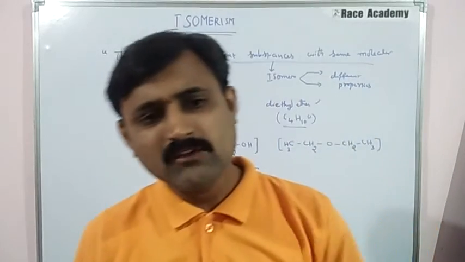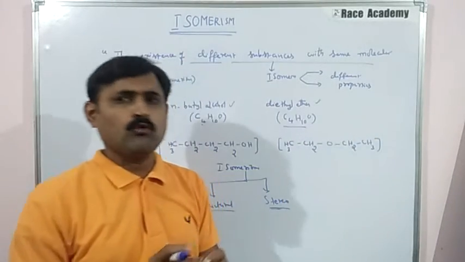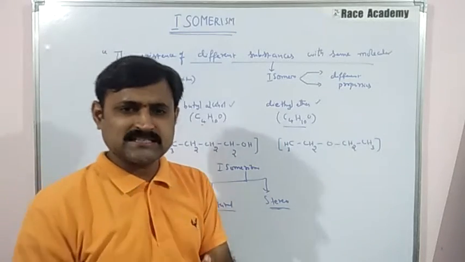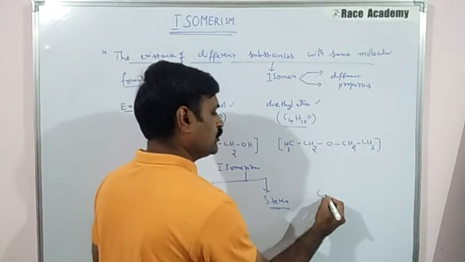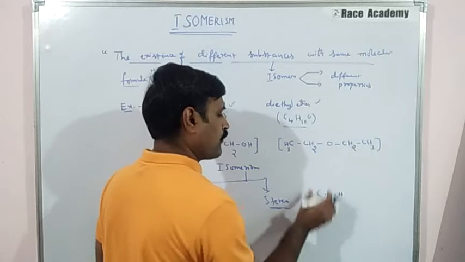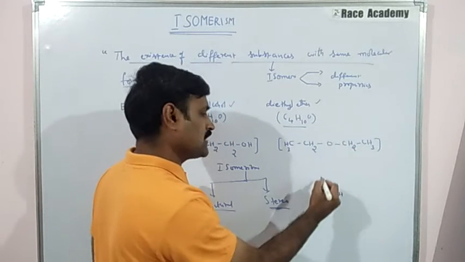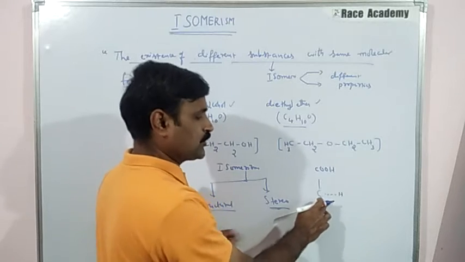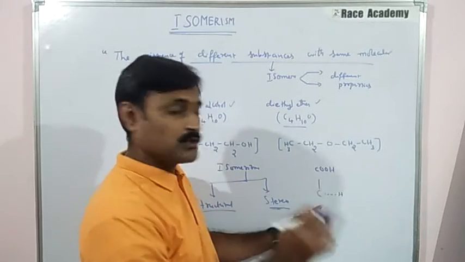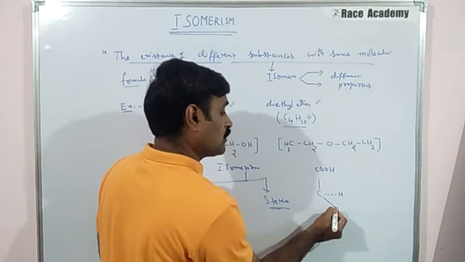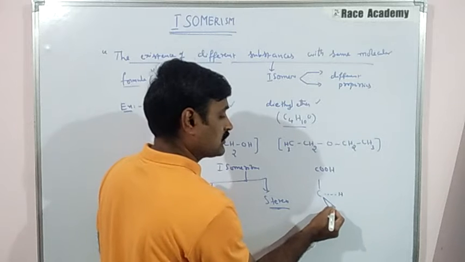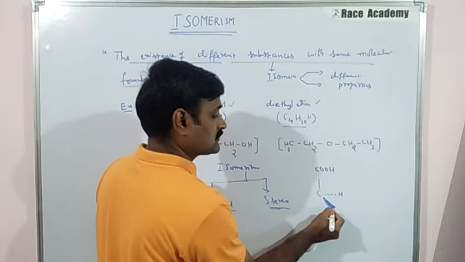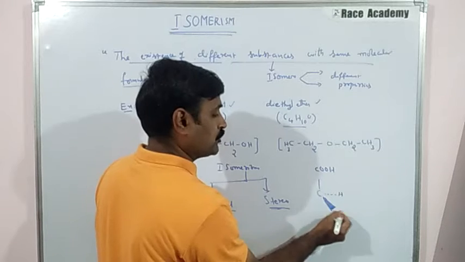For example, if you want a simple idea about this, I will give you a formula for lactic acid: carbon, hydrogen. I have given a dotted line, don't worry about that. The other one I have given, the thick line, is a bond only.